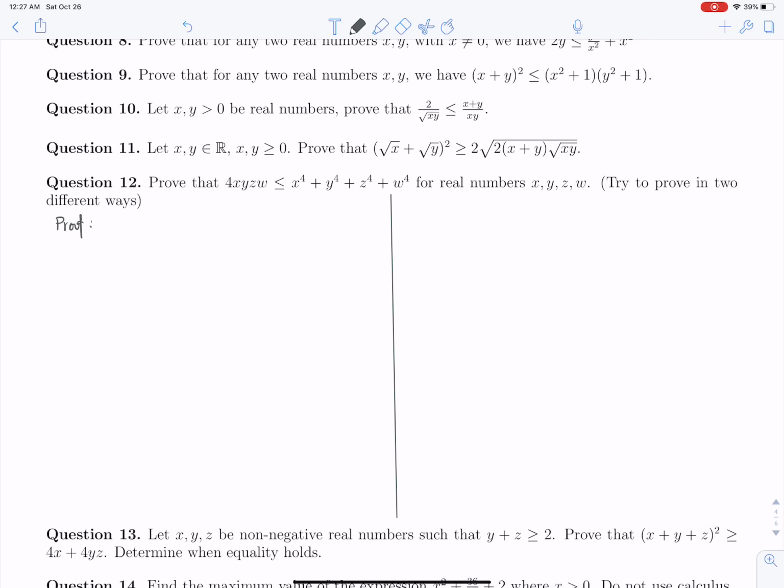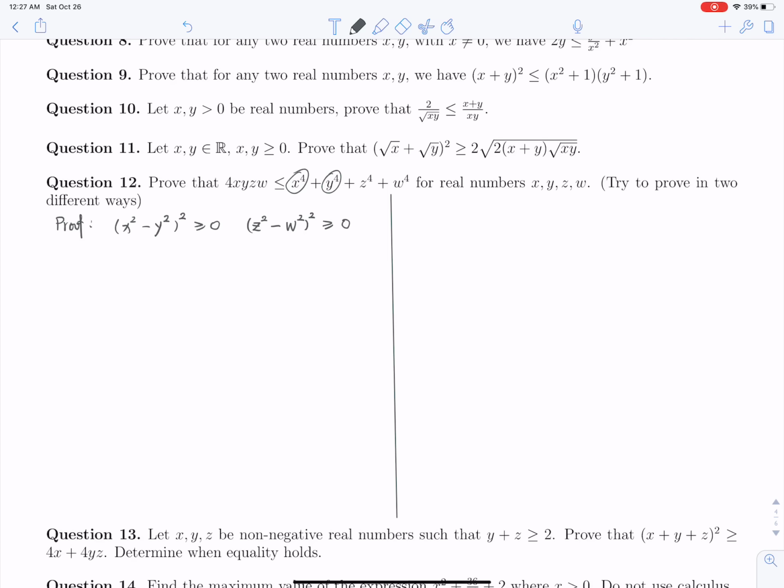Okay, how do we approach this? Alright. Notice that we have this. Since we have the power of 4 here, I'm considering x squared. So notice that we have (x squared minus y squared) squared is greater than or equal to 0, and (z squared minus w squared) squared is greater than or equal to 0.